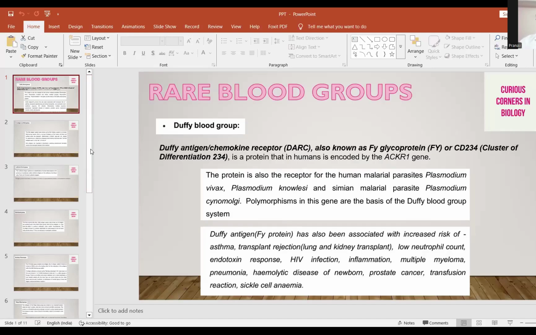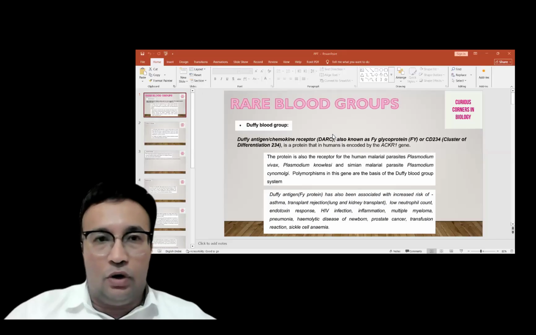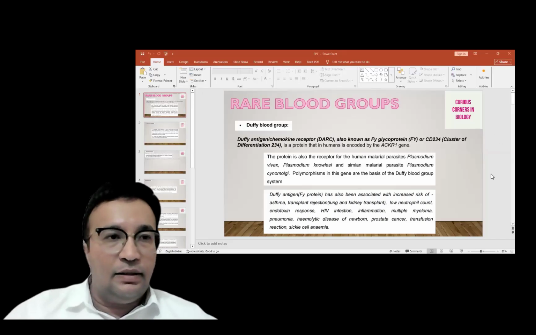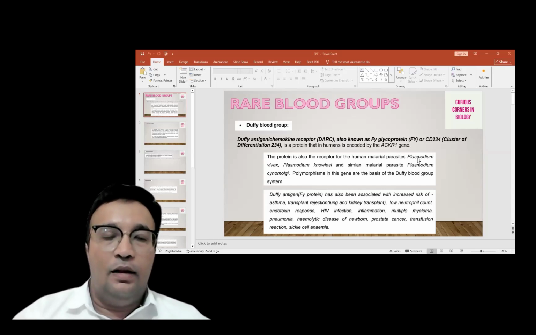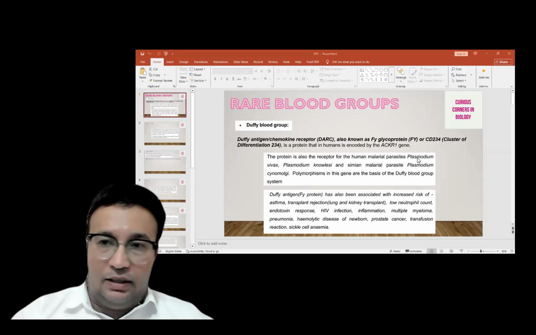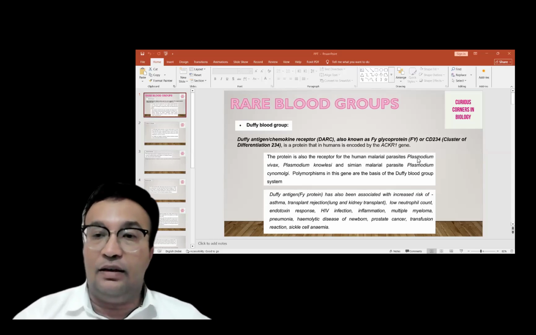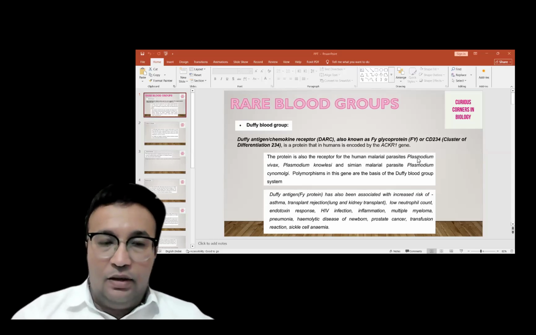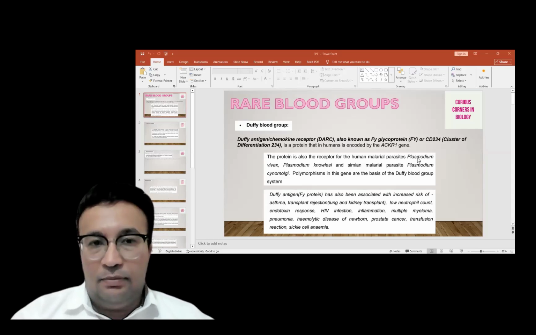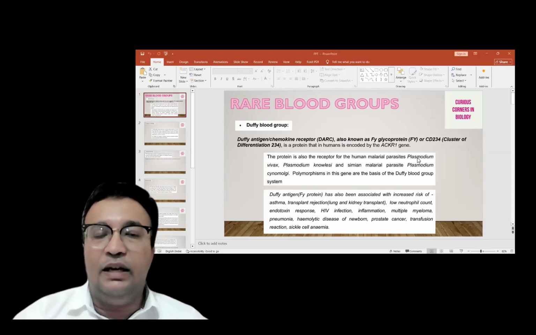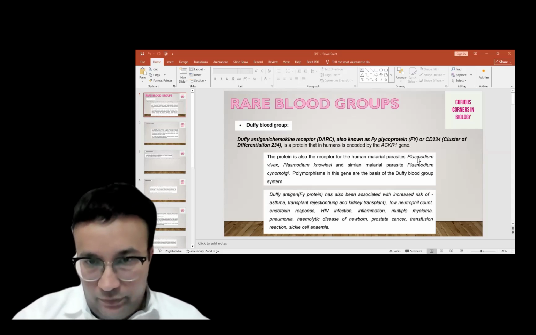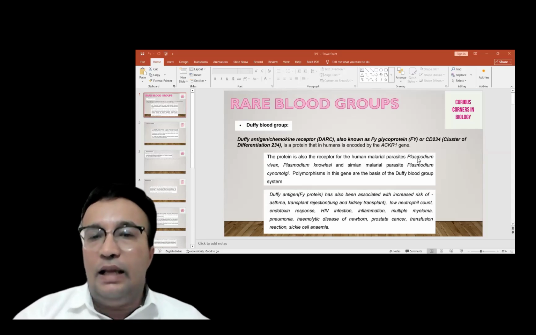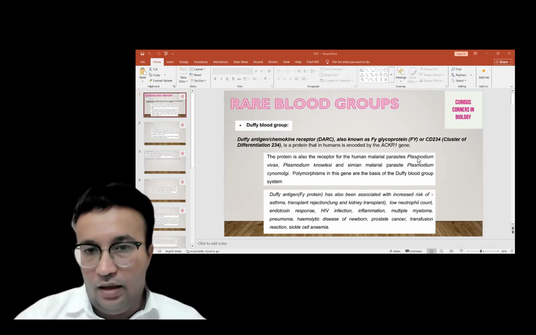Okay, so the first rare blood group which we are going to talk about is the Duffy blood group. This is named after a patient, Richard Duffy. In the blood of Richard Duffy, Duffy antigen was discovered. This is also called F5 glycoprotein, and this is encoded by the ACKR1 gene.